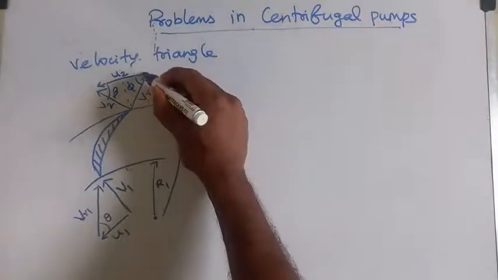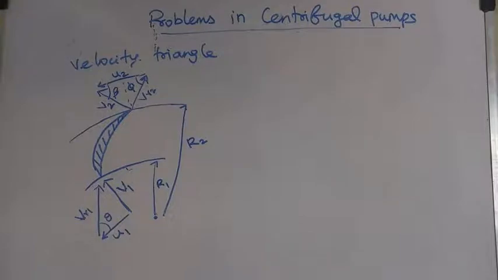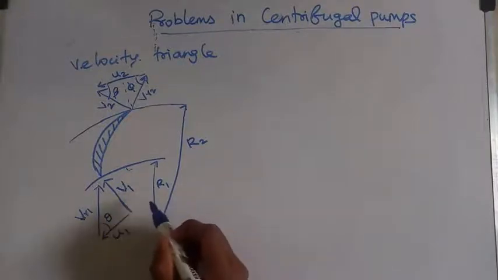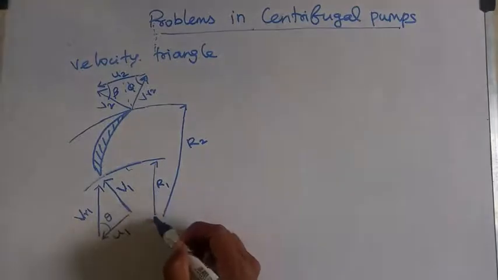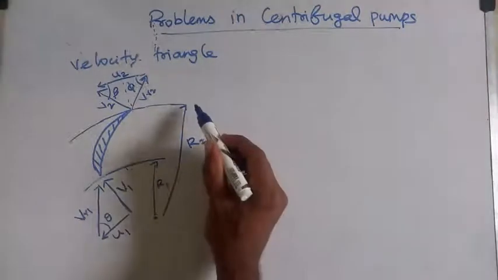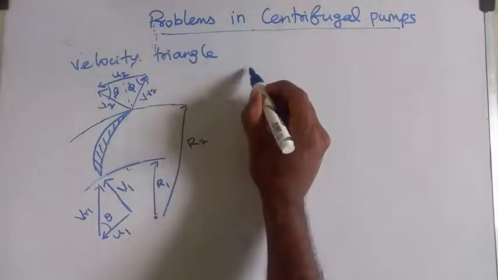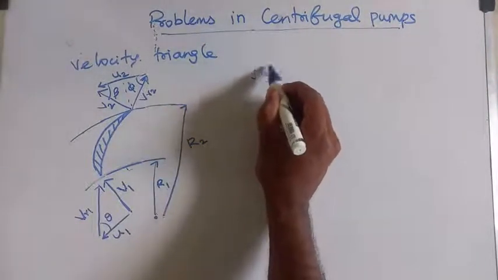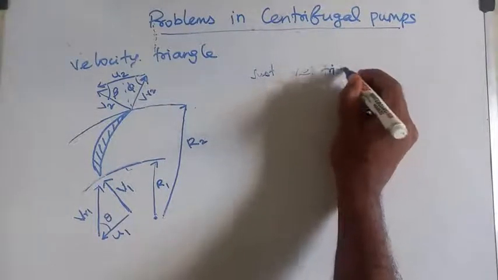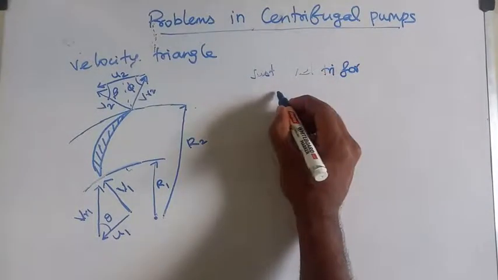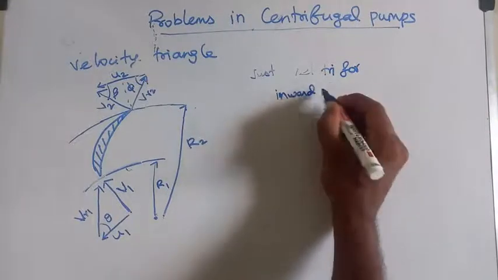As we already discussed in the last module, now we revise again. I am taking an impeller with inner radius R1 and outer radius R2. The velocity triangle for a centrifugal pump is just the opposite of the velocity triangle for inward radial flow turbines.